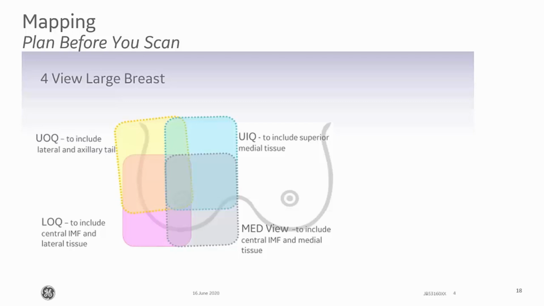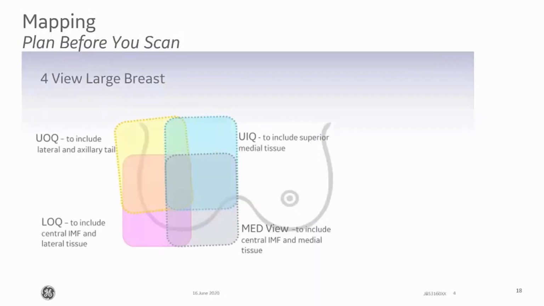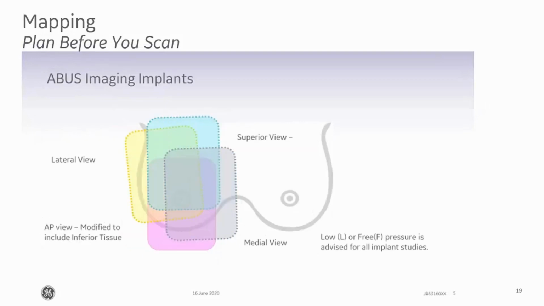On the 1.0 users, you would do your 3 standard views and then add a superior, which a lot of times will cover larger breasted women also. And then we have the implant view. So you will do the 4 views on implants. They're always a little challenging.